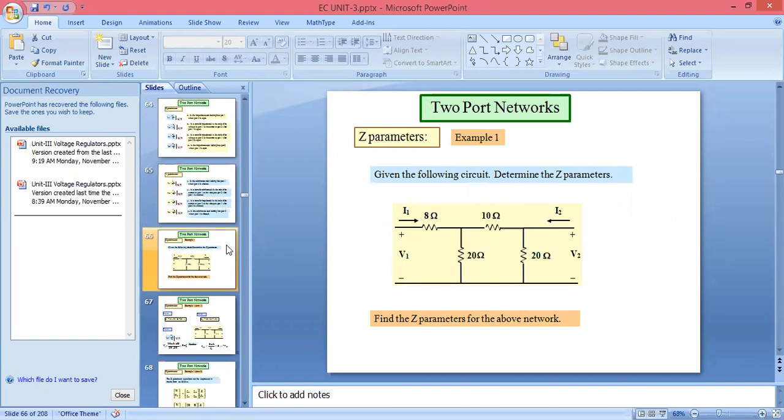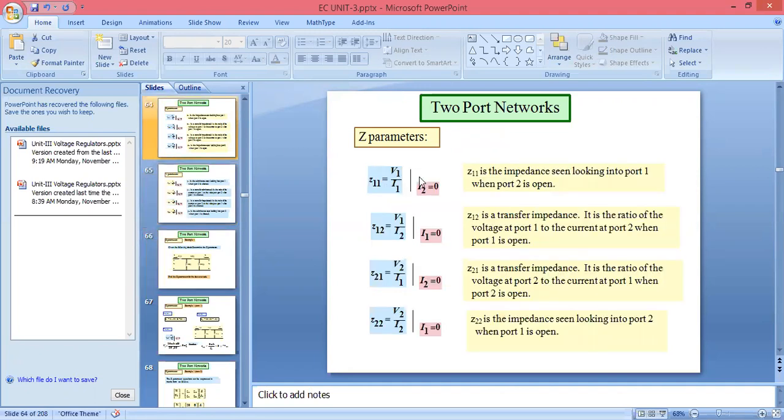Then we have studied inverse ABCD parameter, the hybrid parameter and the inverse hybrid parameter. So if we have any one circuit and we are supposed to calculate the values for the Z parameter, we know we have the equations Z11 equal to these equations.